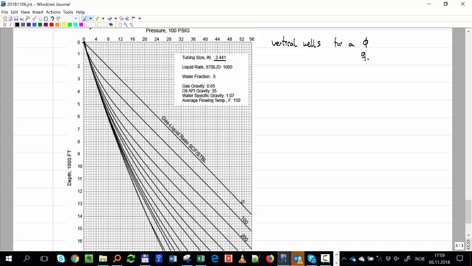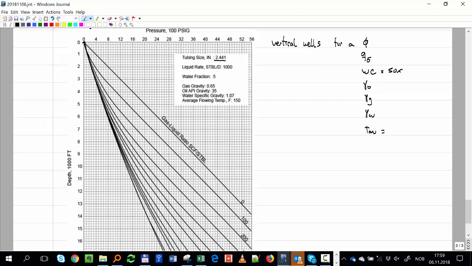It's made for a fixed rate. It's made for a fixed water fraction, which is 50%, and properties of the fluid: gamma oil, gamma gas, gamma water, and the average temperature.